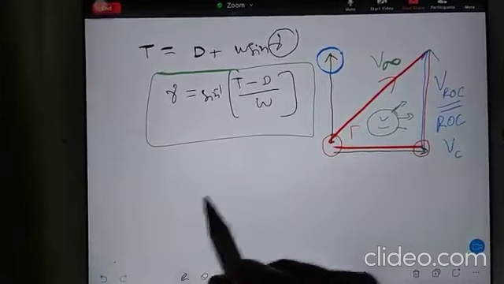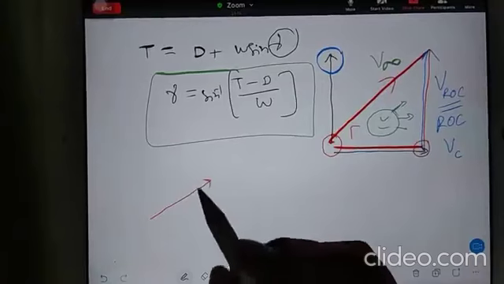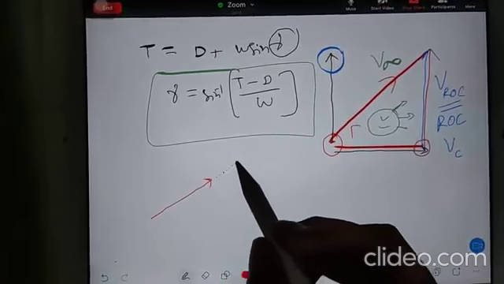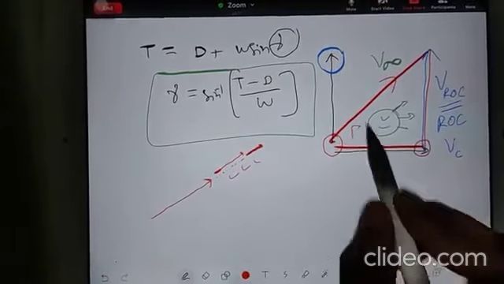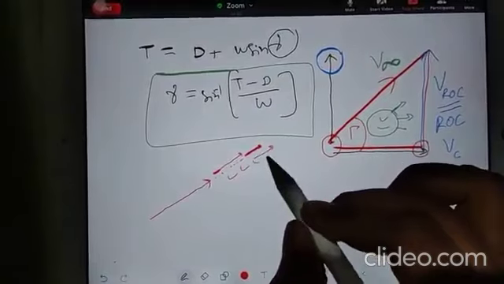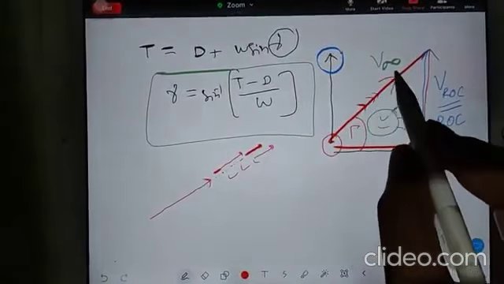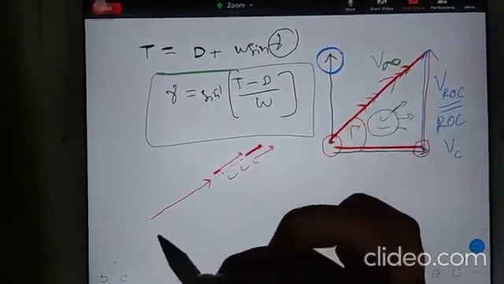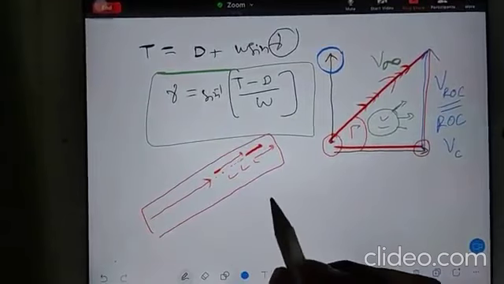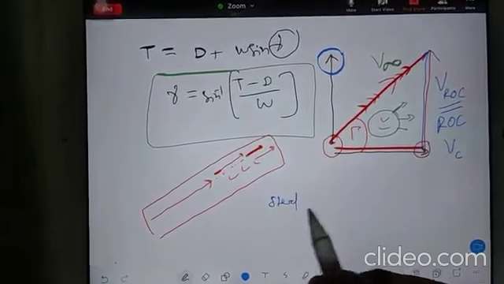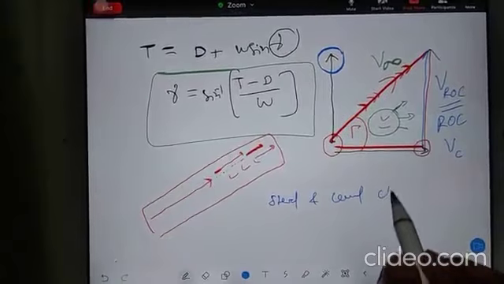See now here, when we are having this kind of climbing, your direction is constantly the same because the angle is fixed, and with the same velocity you are climbing. So you can say steady climbing, but you cannot say steady and level climbing.